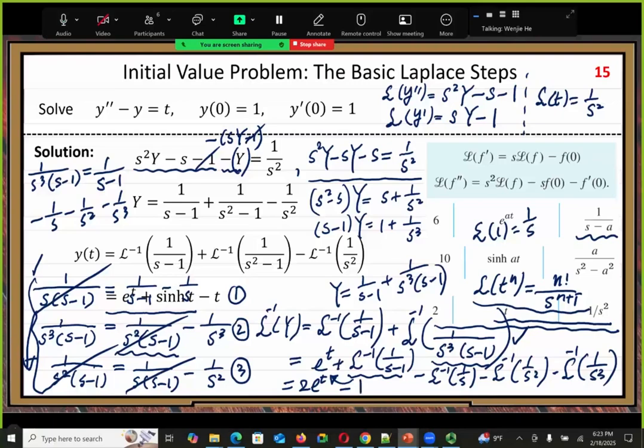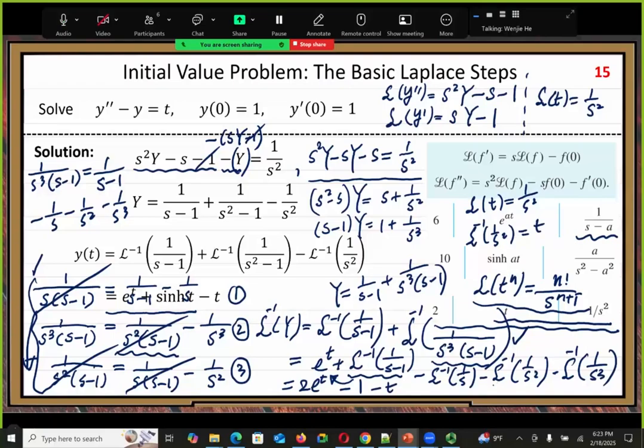Then the second one, Laplace of t equals 1 over s squared, so inverse of 1 over s squared equals t. So minus t.